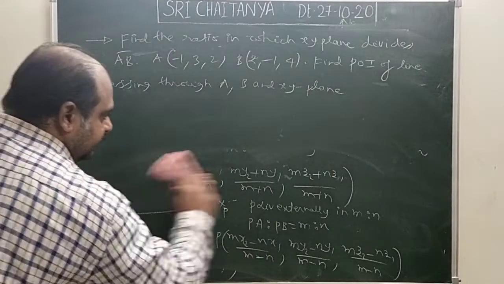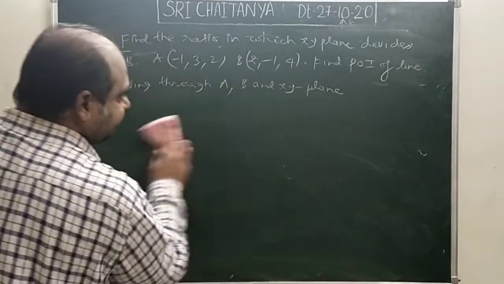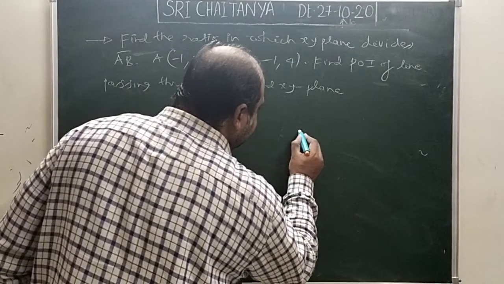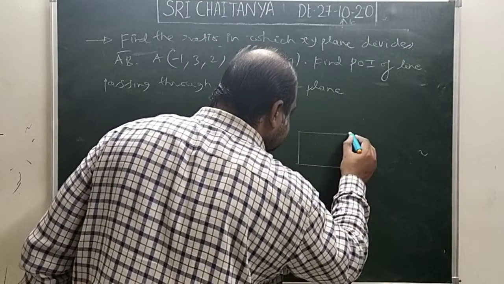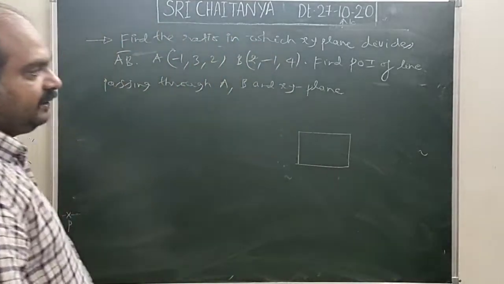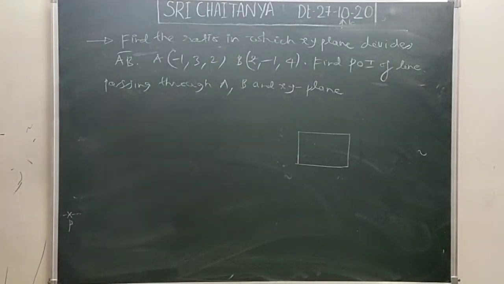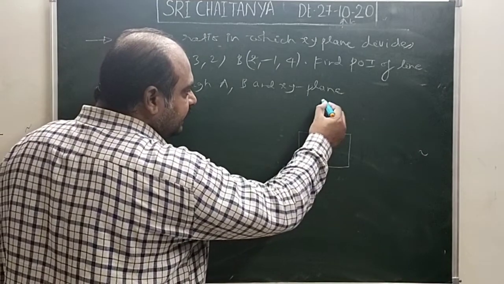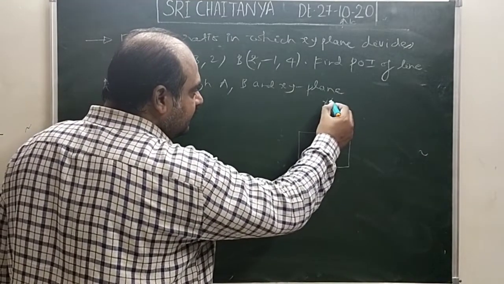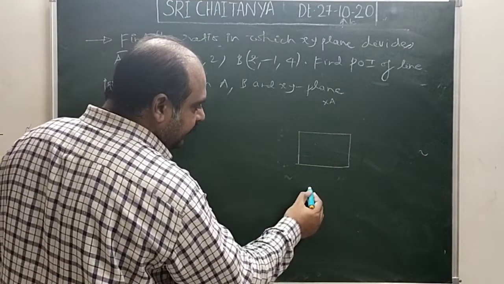So actually there is the XY plane. Let us say your paper represents the XY plane. Suppose point A is on one side of your paper and point B is on the other side.